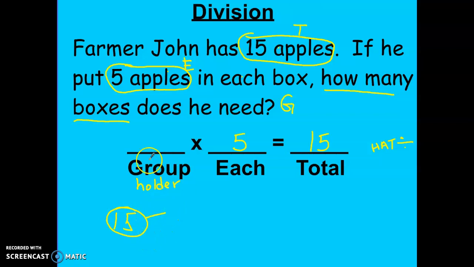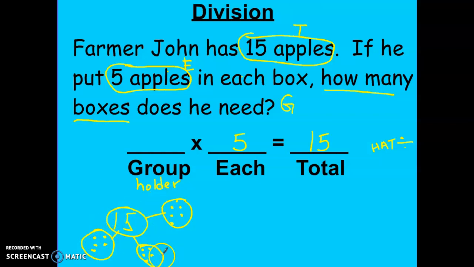We don't know how many groups, but we know we're putting 5 in each group. So we're going to do 1, 2, 3, 4, 5 in one group. 6, 7, 8, 9, 10, 11, 12, 13, 14, 15. Oh, I am done. I finished all my 15.